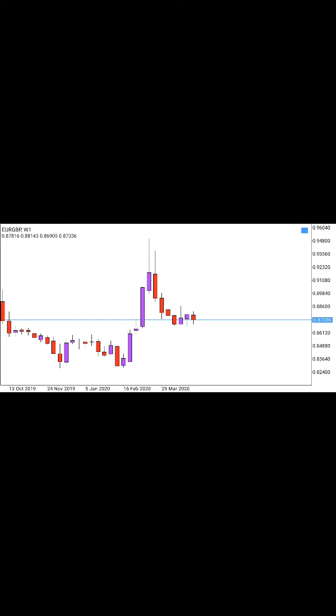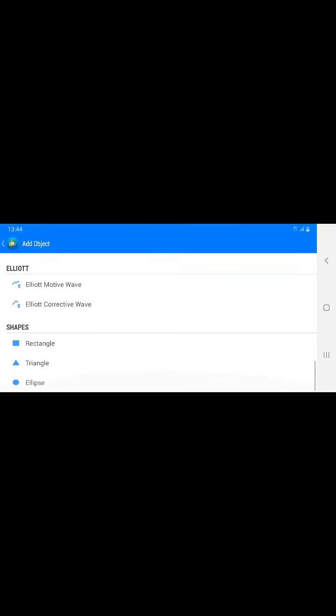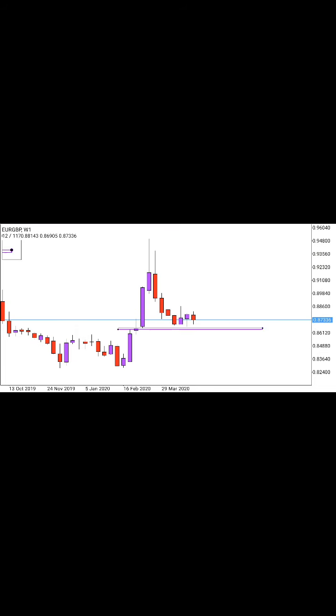Euro GBP can be very tricky. For Euro GBP, it's really very tricky for me. You know why? Because you look at the candles, there's not much momentum.